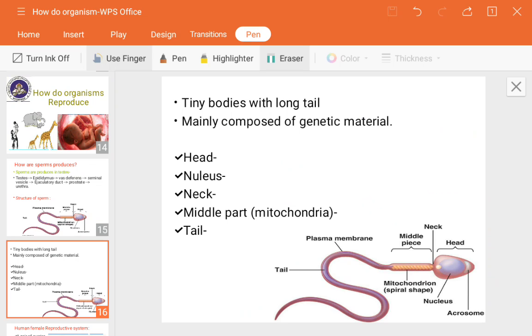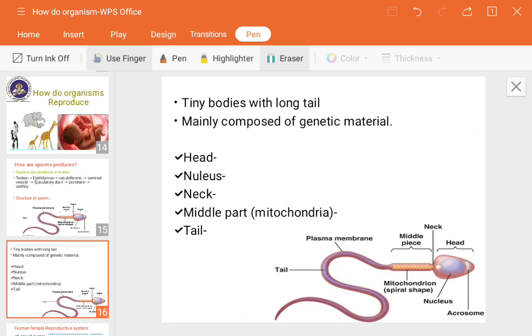Like other cells consisting of different organelles, it consists of only the mitochondria for the production or release of energy. And the acrosome is one part which helps in rupturing the egg cell.